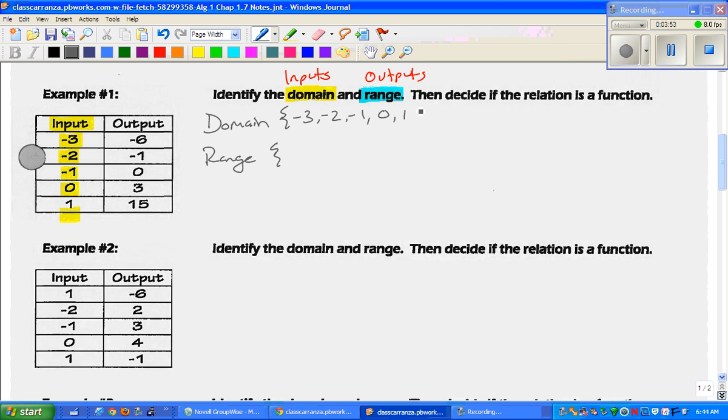And all we're going to do is write down those numbers and put them inside the set. Same thing with the output: -6, -1, 0, 3, 15. So the next thing we have to decide, is this a function? We have to look to see if any of these inputs over here double up. And they don't. So yes, it's a function.